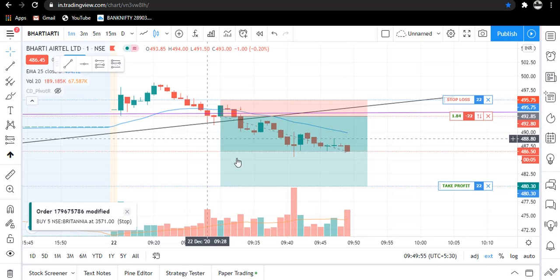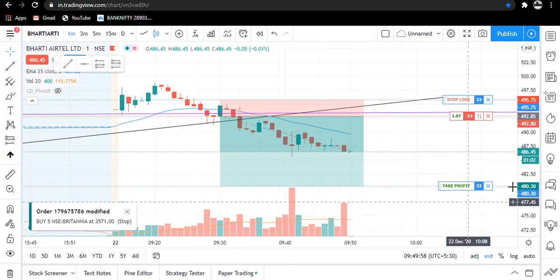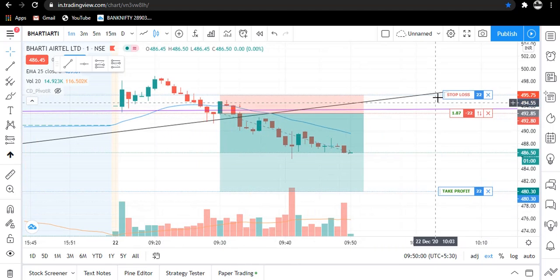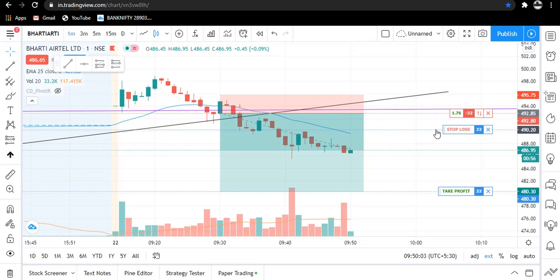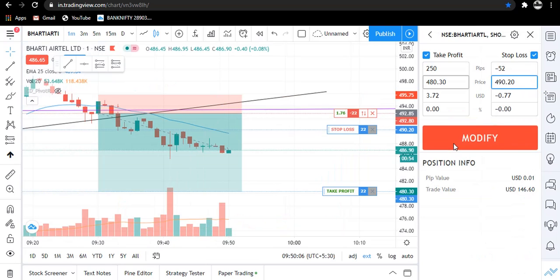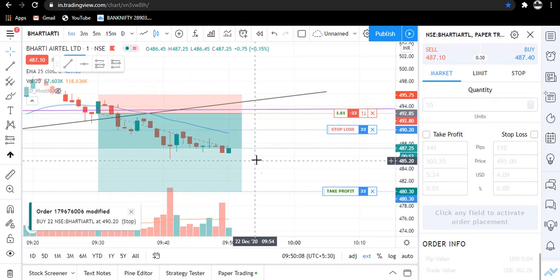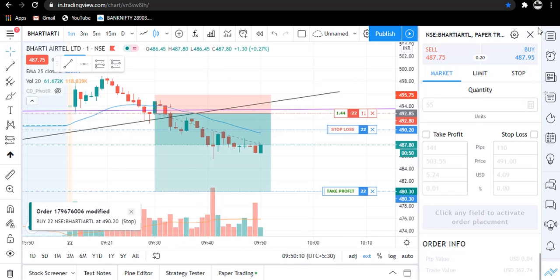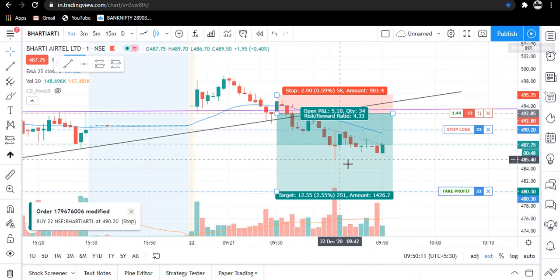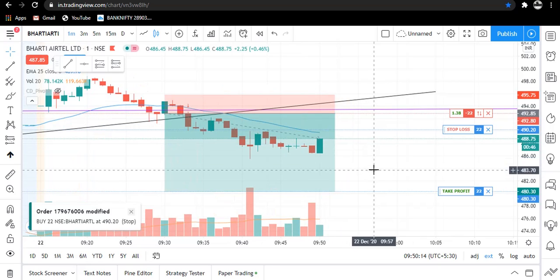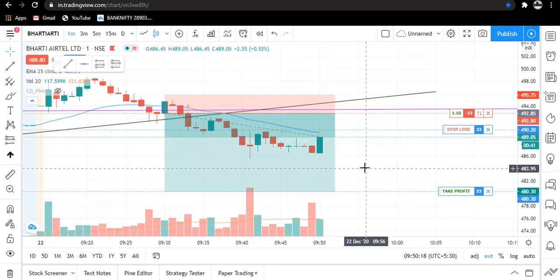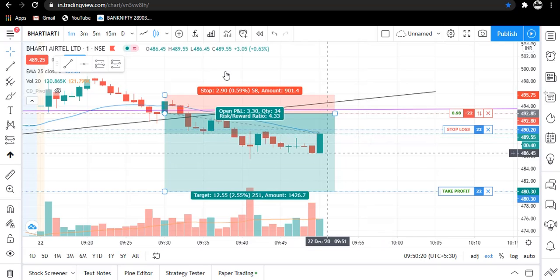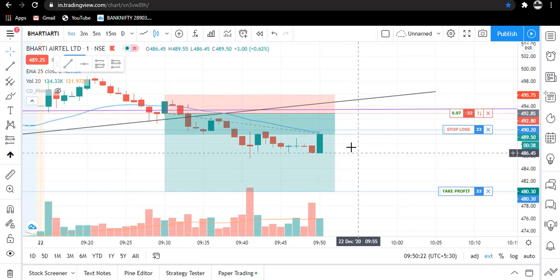Coming on to Bharti Airtel also traders, I am now trailing my stop loss to this swing high to book at least some of the profit. This is how trading should be done, to protect at least some of the profit. Okay traders, it is now coming toward the stop loss, no problem if it gets triggered.